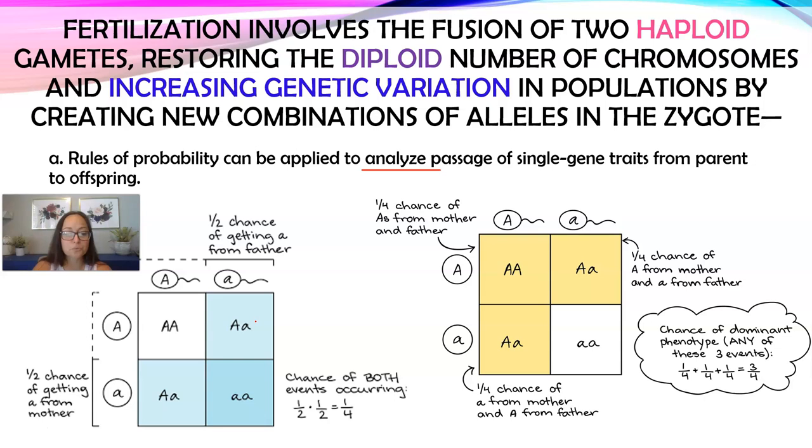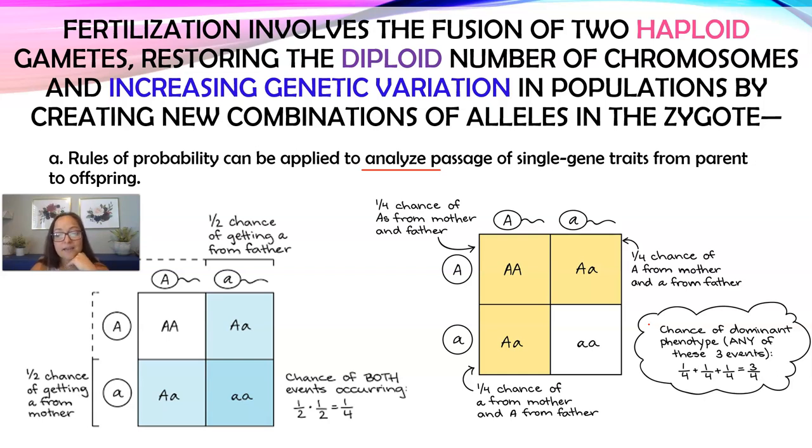So you can use the rule of multiplication, the chance of this happening and this, you would multiply. But if you are using the rule of addition, then you would be adding together. So for example, in this yellow Punnett square, what is the chance of a child inheriting the dominant phenotype?